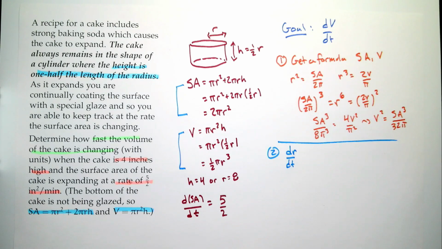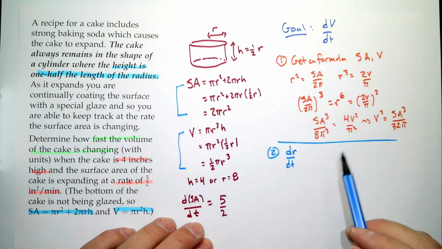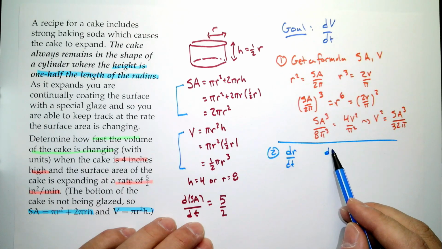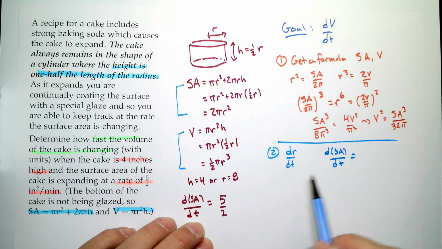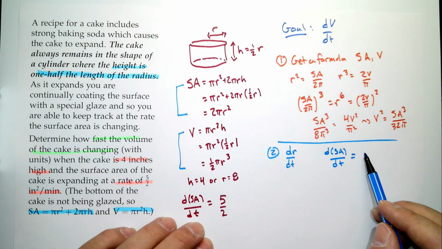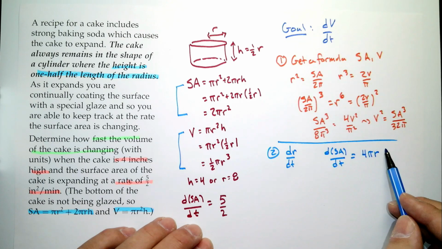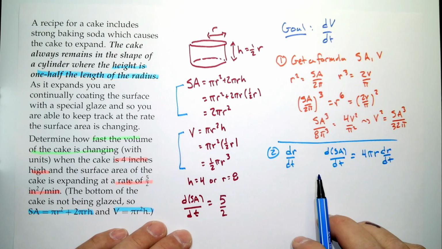So let's start by looking at our expression for surface area. If we take the derivative of both sides, we'll get that the derivative of surface area with respect to time is equal to, what's the derivative of the right-hand side? 4 pi r and dr dt. Now what we do is we plug in what we know.